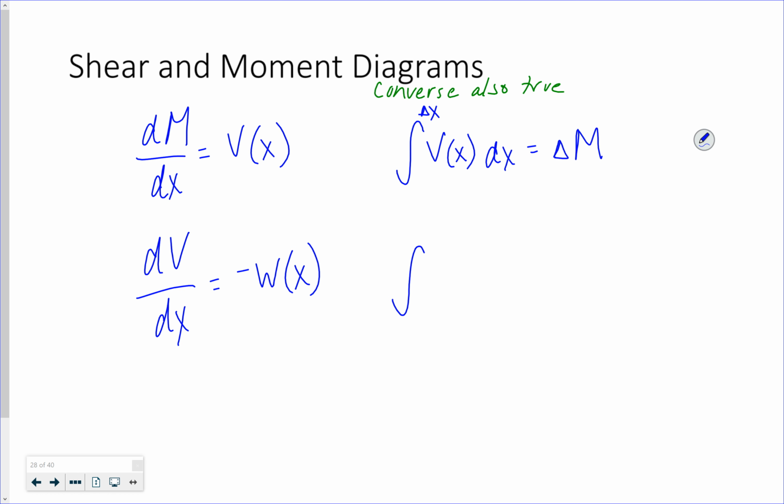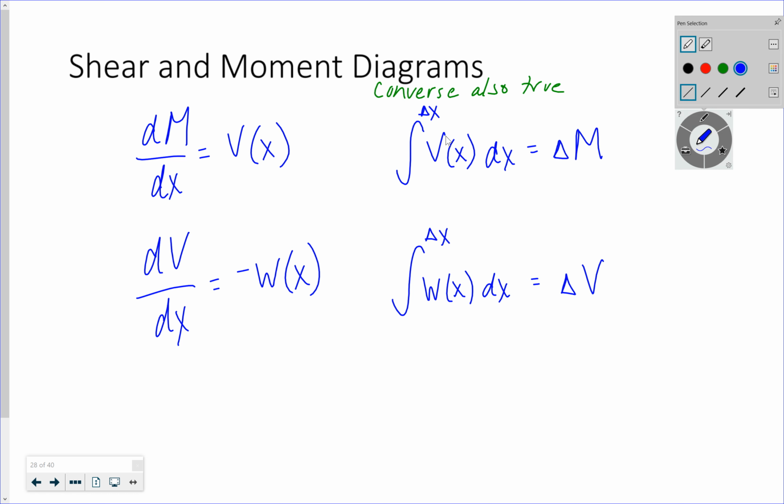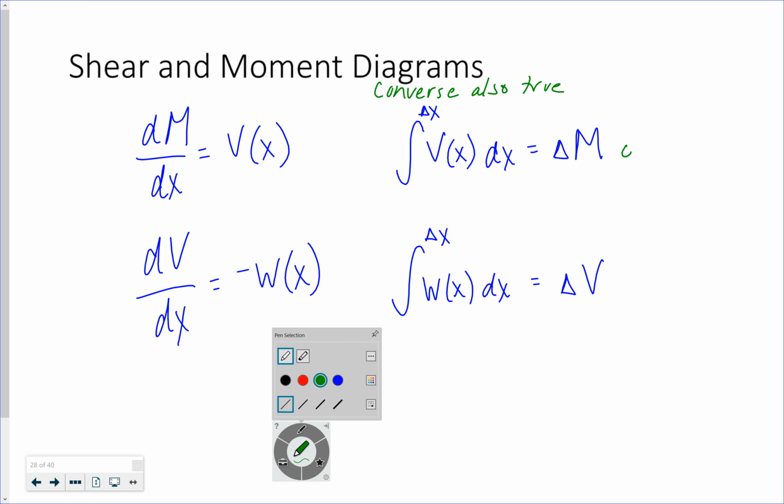If I take the integral of the applied load over that length, I get the change in shear over that length. The change in moment over delta x and the change in shear over delta x.